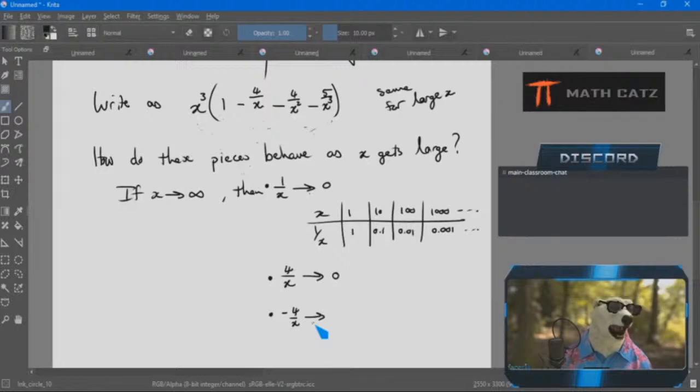Does the behavior change if I have a negative there? Okay, you say yes. Let's put a negative over here in my table. Then when x is 1, the negative 1 over x becomes negative, negative, negative, negative. What happens to the size of that fraction? It's still shrinking. It's still going to 0. Yes, from the negative side, but it's still heading in the same direction.